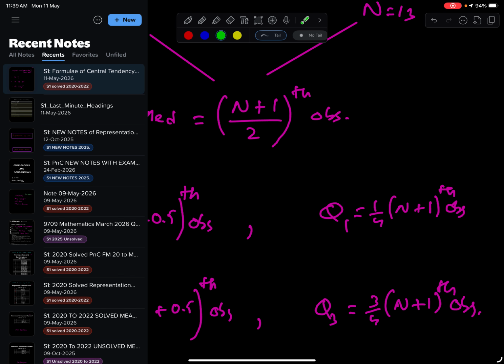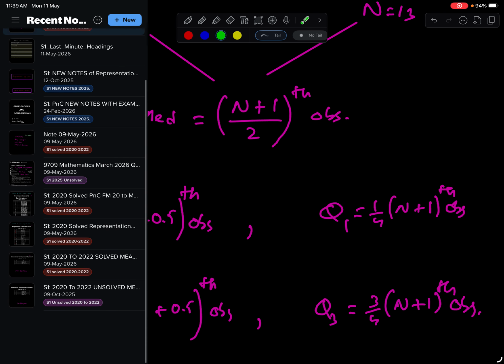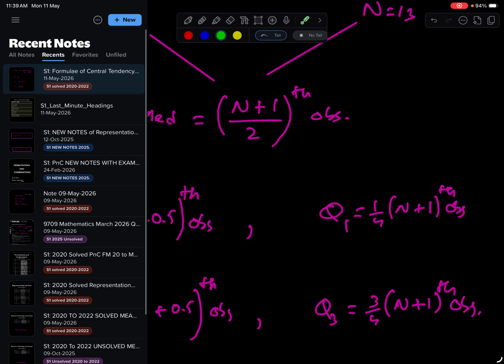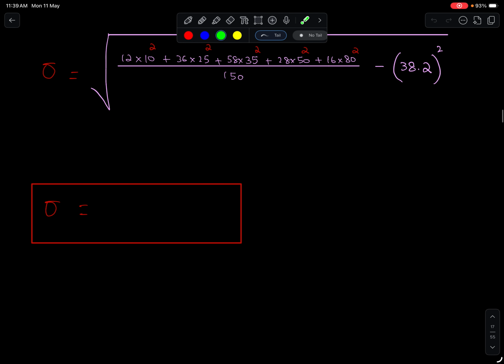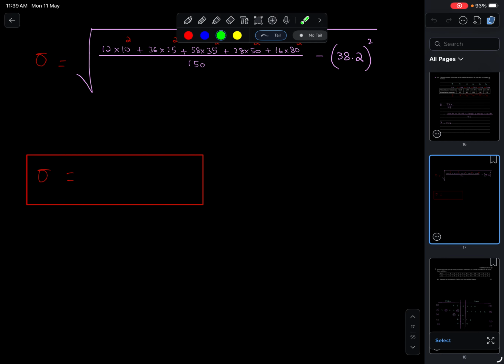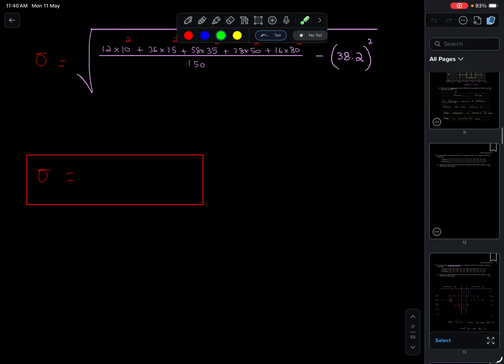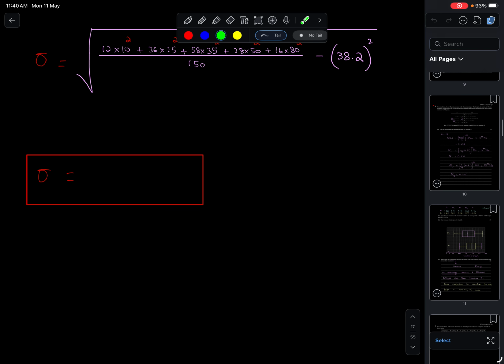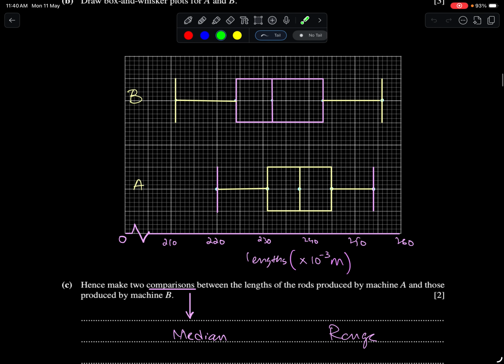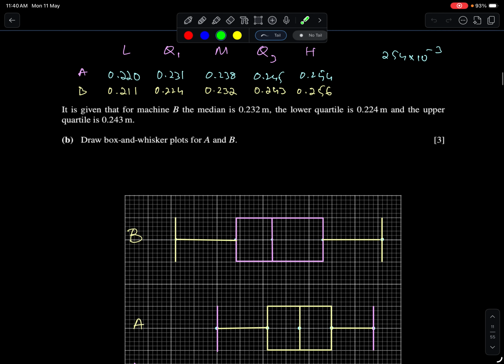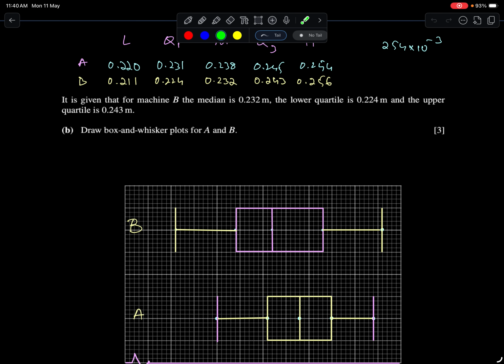The next thing is box plot. Let me find a question. This is here. Well, for box plot, make sure you know how to draw them properly.